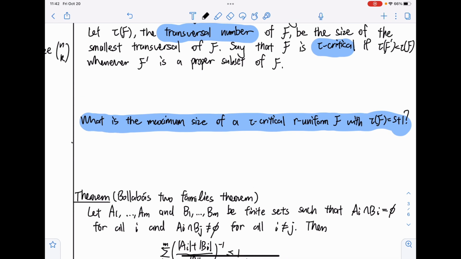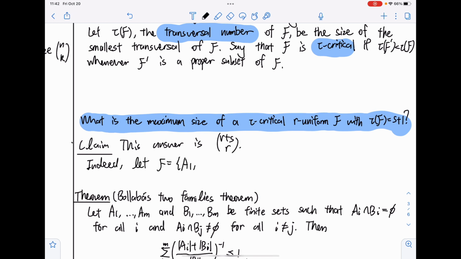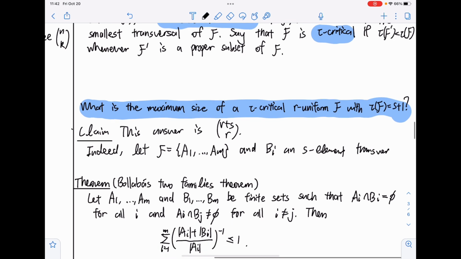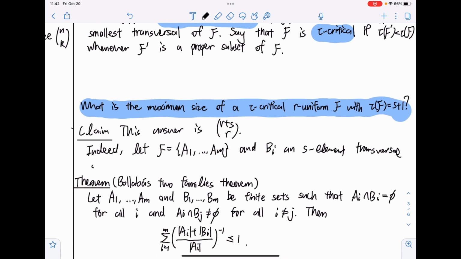We'll claim that this answer is R plus S choose R. Indeed, we can let F equal {A_1, ..., A_M}, and let B_i be an S-element transversal of F minus A_i for each i.